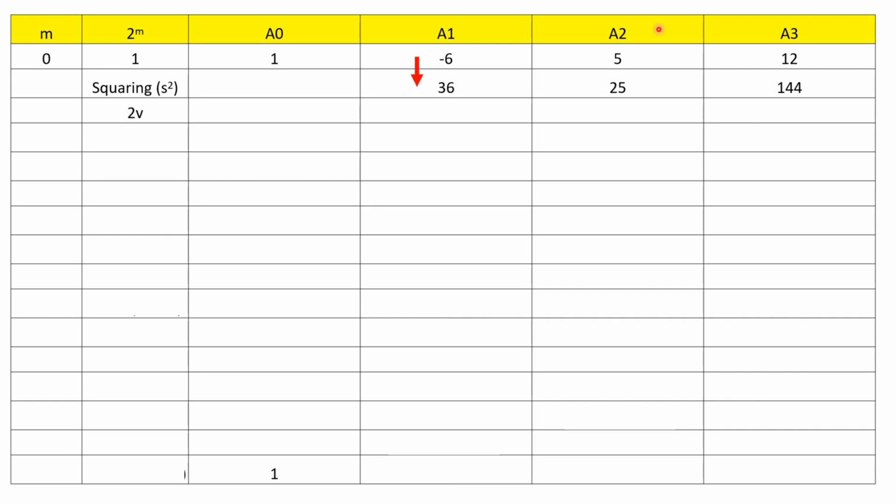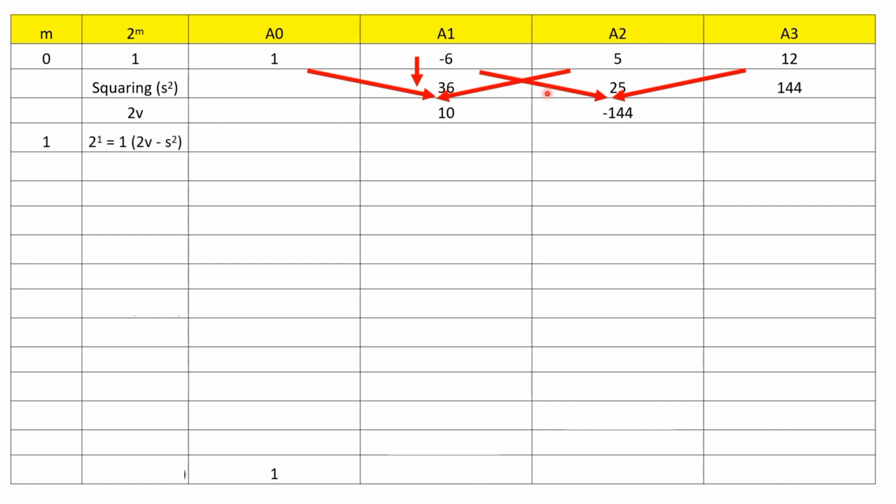The next step is 2v. I named it 2v because this involves a v-shaped multiplication, then times 2. So 1 times 5 times 2 is 10. Then we have negative 6 times 12 times 2, which is negative 144.